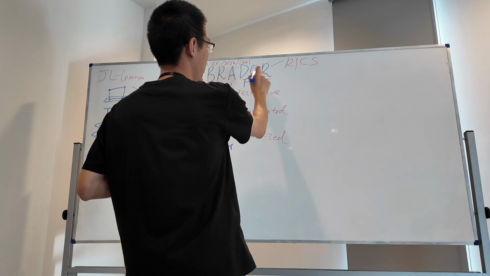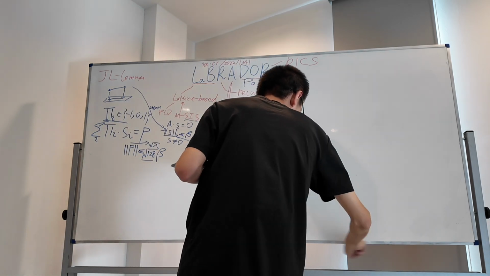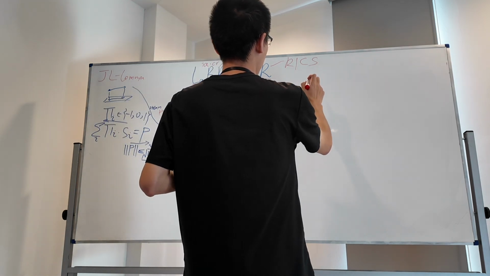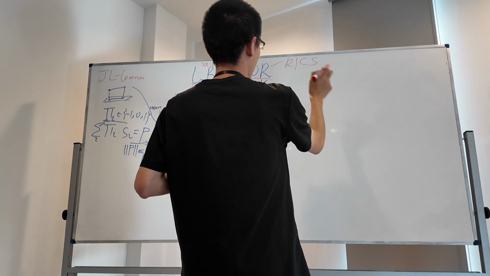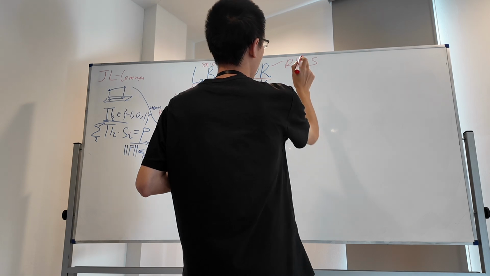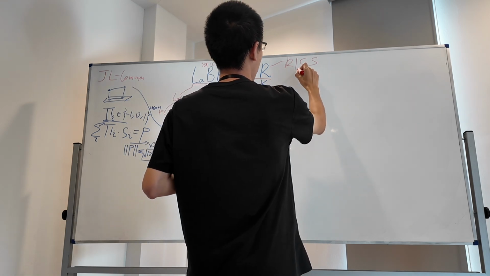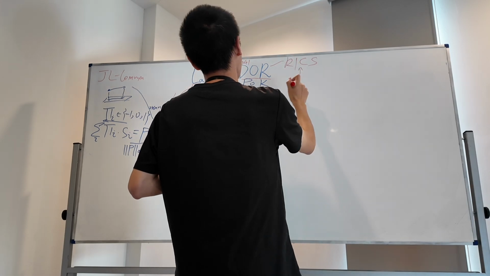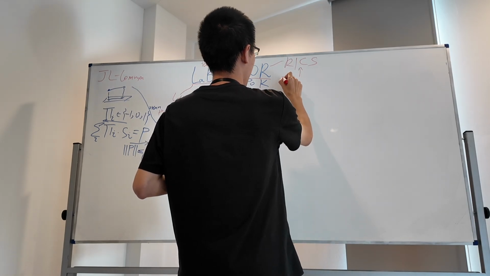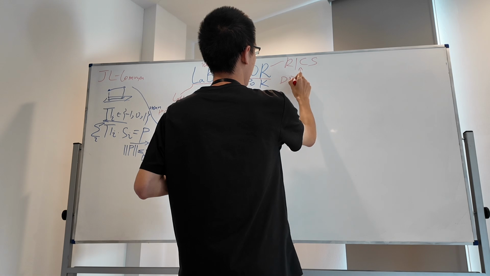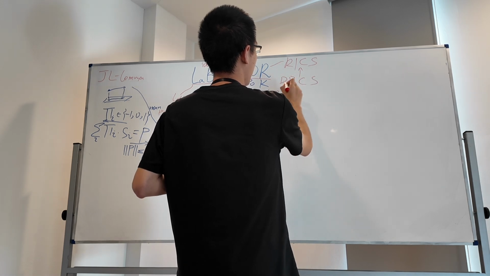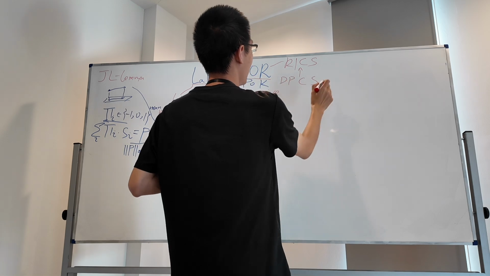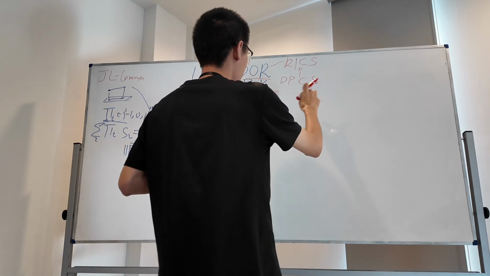It's just a POK system about some relation which can be reduced into R1CS, but itself is called, I think, DPCS. DP means dot product, right? So I will write it out.